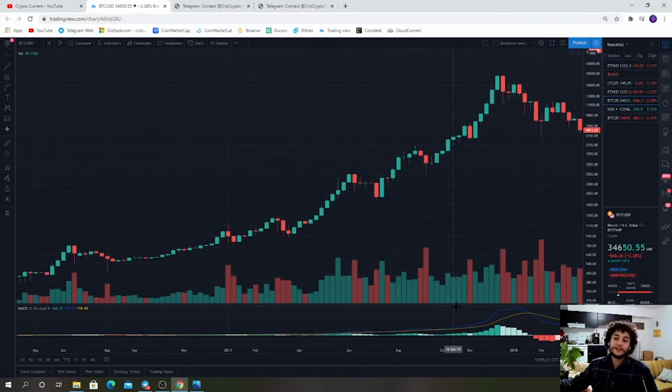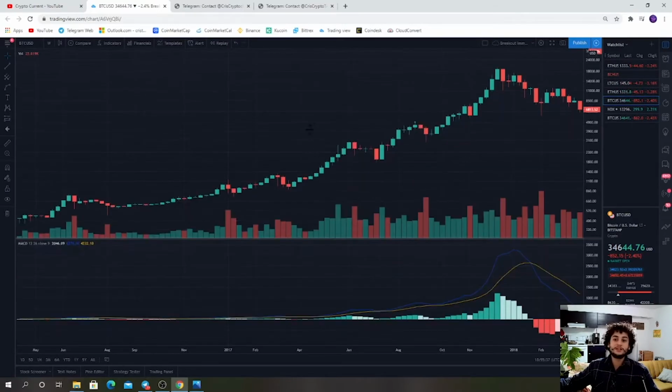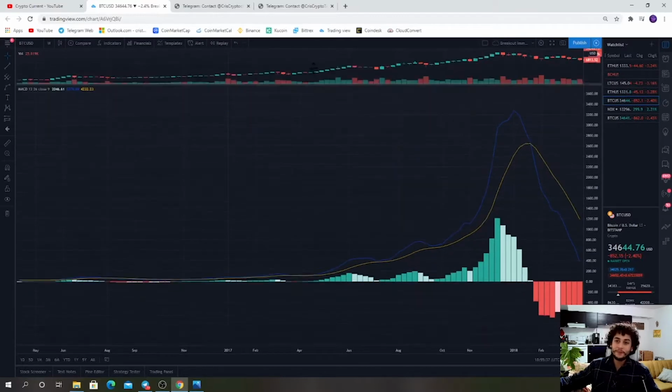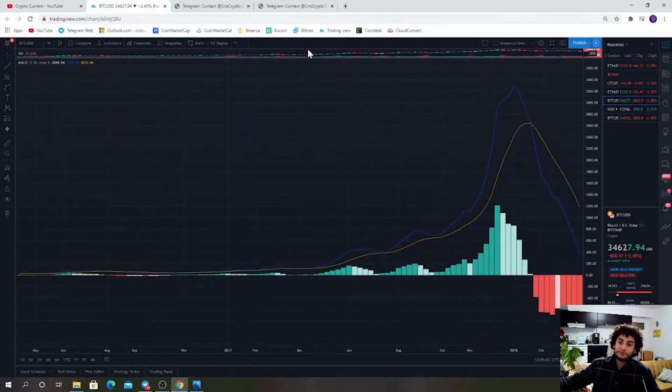So here I have my MACD indicator up, and the MACD kind of tells us whether or not we're trending upwards or trending downwards, and you can use it to determine when you want to buy or sell. I'm going to make it bigger so you guys can see here. So when you see that the MACD goes bullish, which means that the blue line, in this case, is above the orange line or the yellow line, that would be a buy signal.